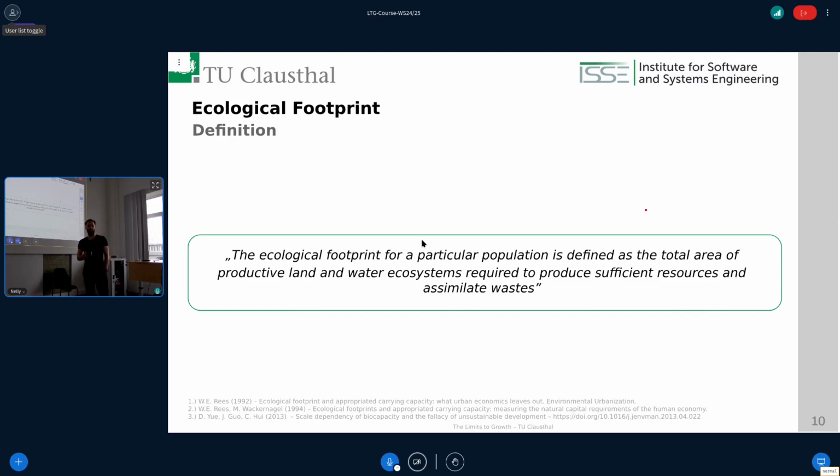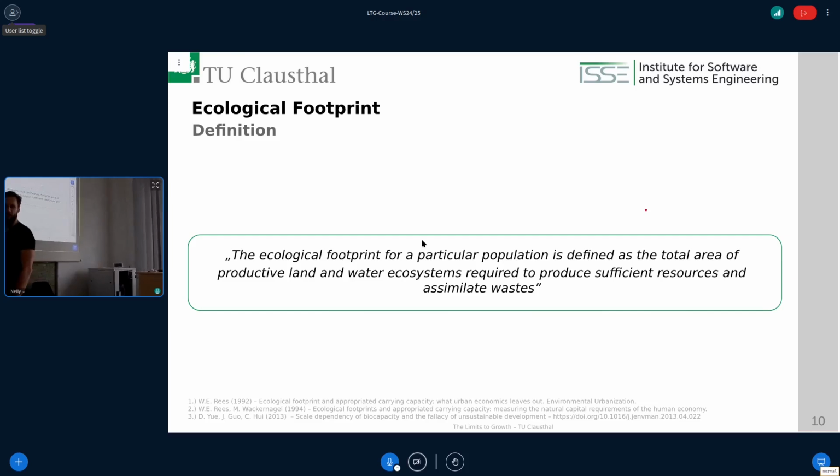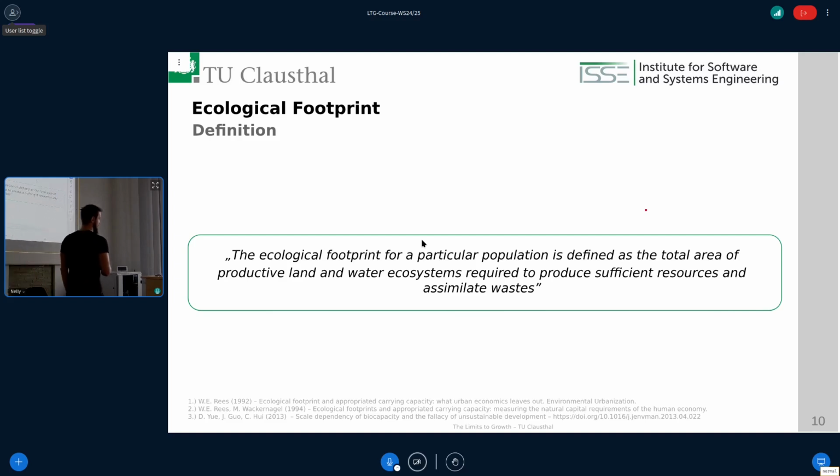You can do that also in other units, which often make more sense, but CO2 is somehow the most common use case here. So the ecological footprint for a particular population is defined as the total area of productive land and water ecosystems required to produce sufficient resources and assimilate waste. And a lot of countries use way more than they are supposed to, especially highly technologized countries or countries with an extremely high energy footprint, like Dubai, Qatar, but of course also the United States as well as Germany.